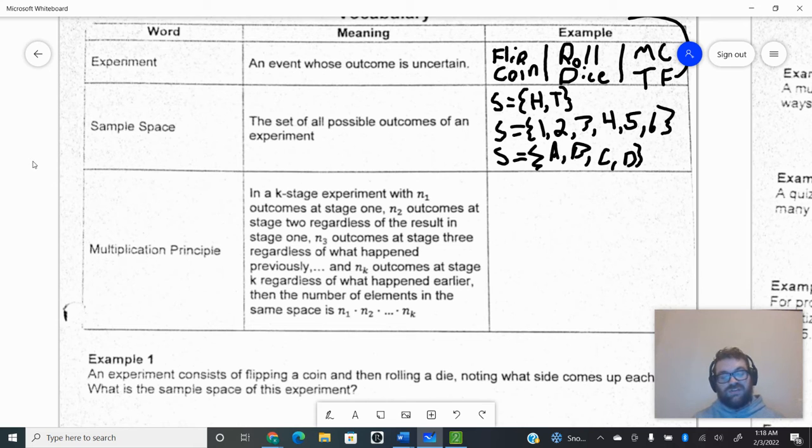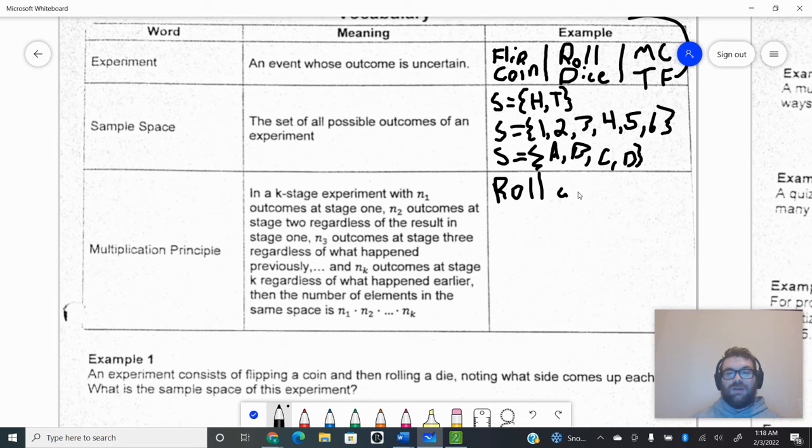Now, what is that really saying? You can think about it this way. If I were to roll a die 3 times, well, the first time we would have 6 outcomes, right?